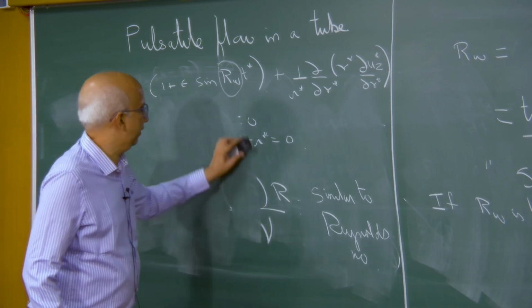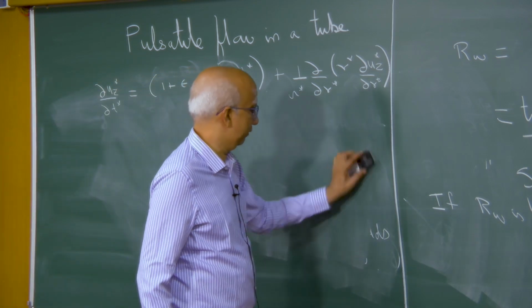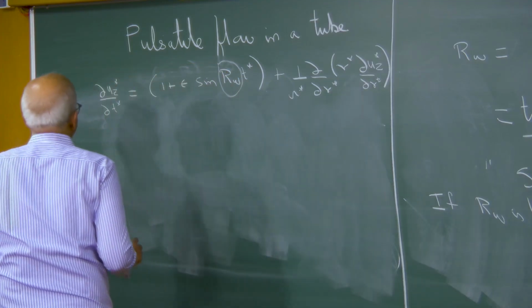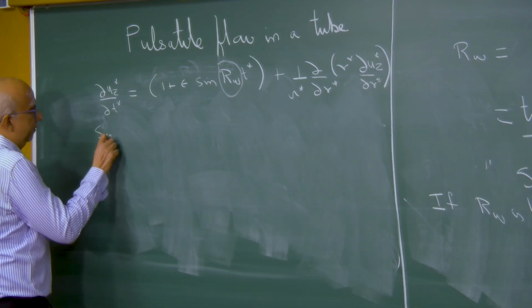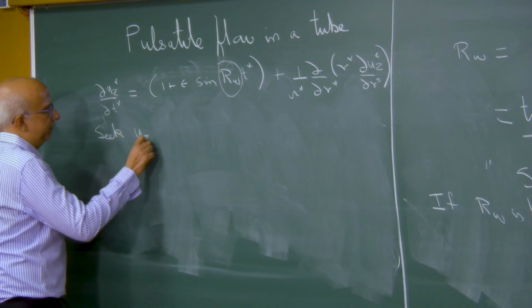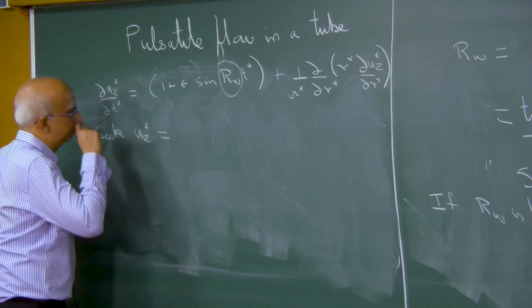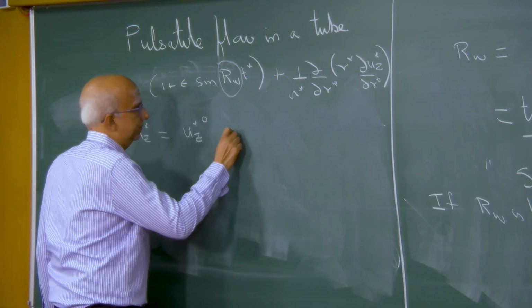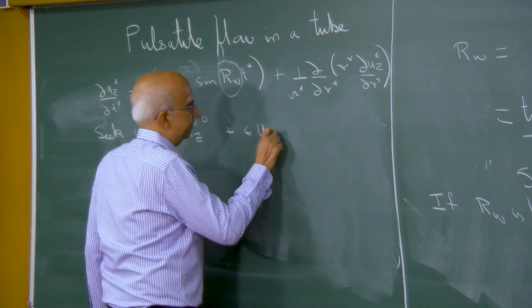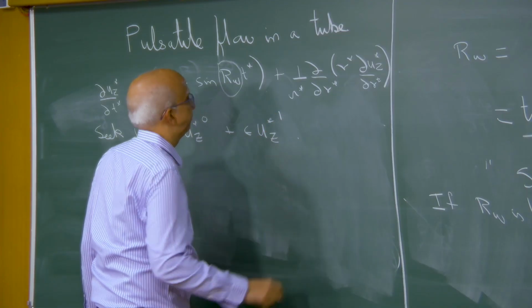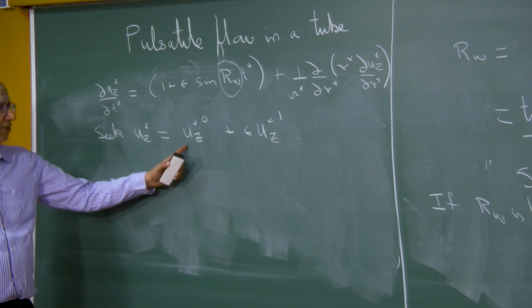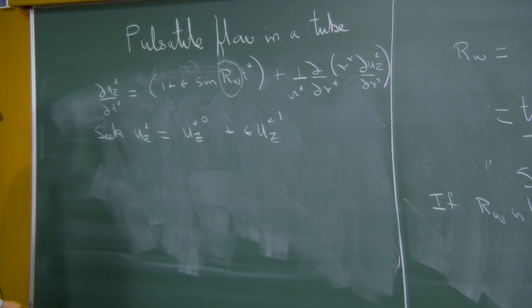Now, I am going to talk about the principle of linearity and superposition and say that we seek u_z* as u_z*0 plus epsilon u_z*1. So, how is u_z*0 defined and how is u_z*1 defined?